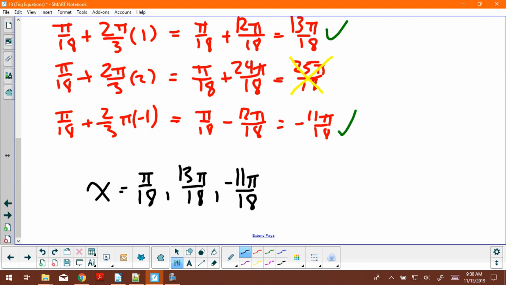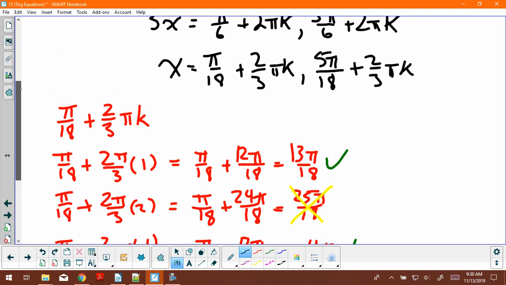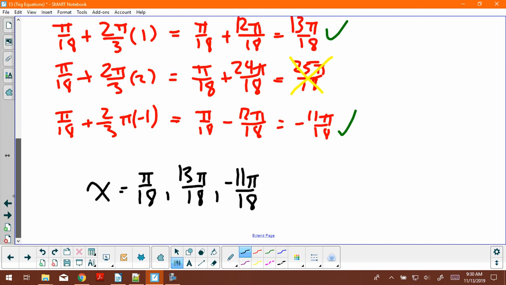So we would now have to do the same thing with our other angle. We also found that 5 pi over 18 was a solution, so I'd have to do this testing with 5 pi over 18 as well and see what I get. Again, I'm not going to go through that because I think you get the idea how that works.